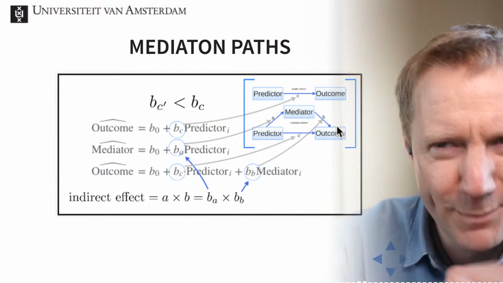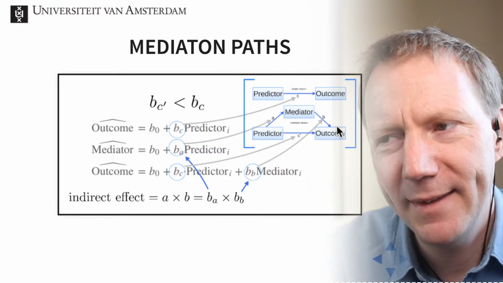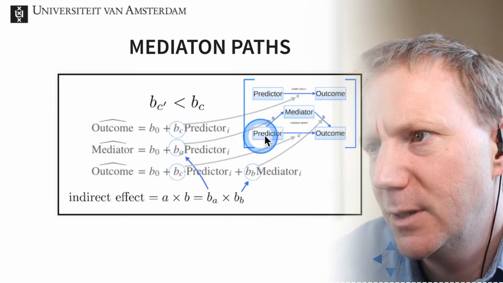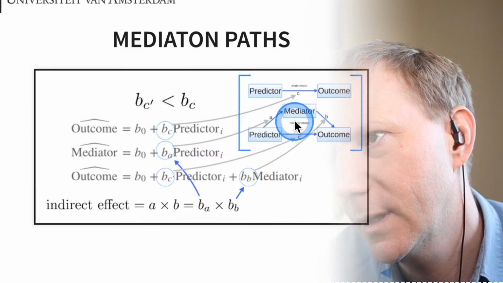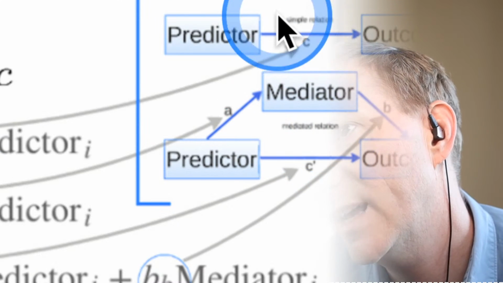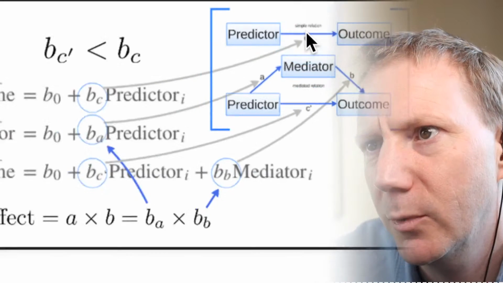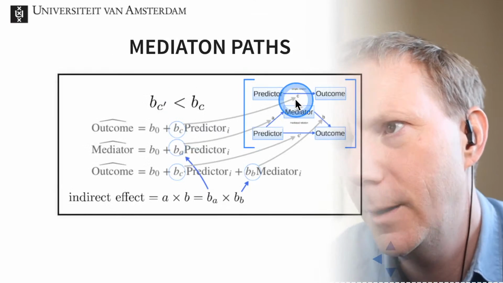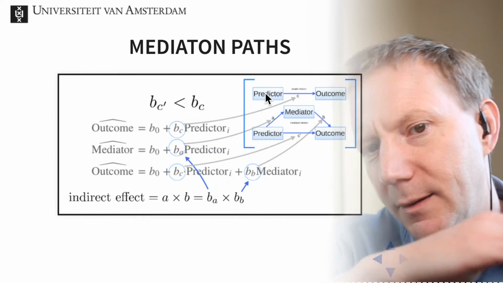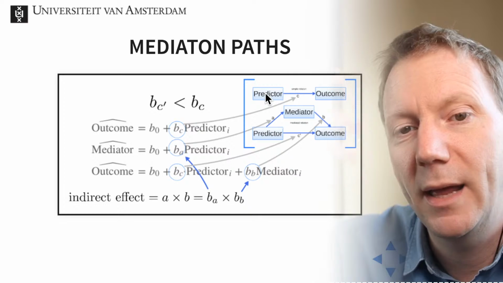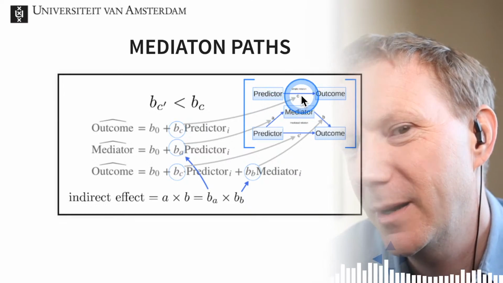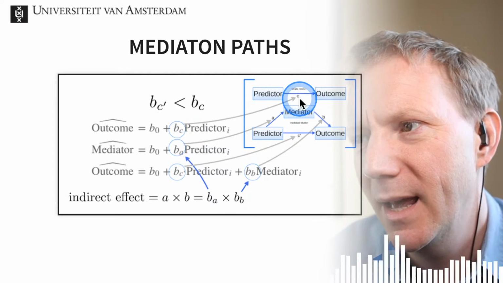Okay, thank you. So if we're looking at this relation, the mediated relation and the simple relation: with the simple relation, you only have one predictor that determines the outcome, or at least predicts the outcome, which is determined by the beta coefficient. Could I ask? Of course.